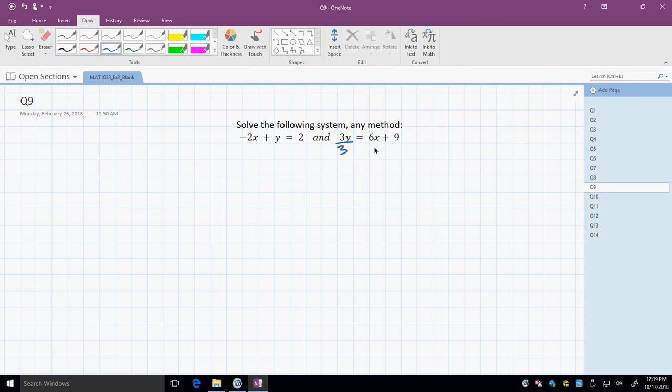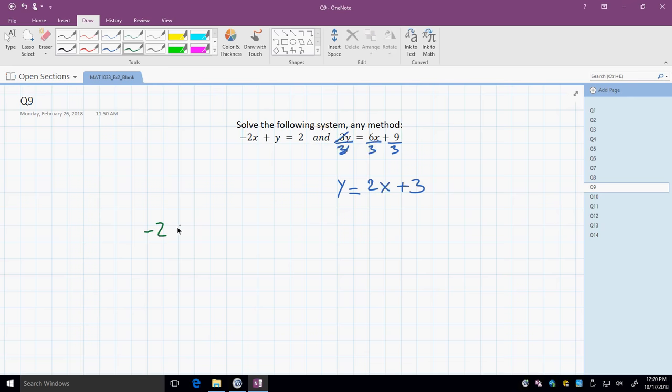So here we divide every term by 3. So 3 cancels with the 3. So we have y equals 2x plus 3. So we're going to substitute y into the other equation.